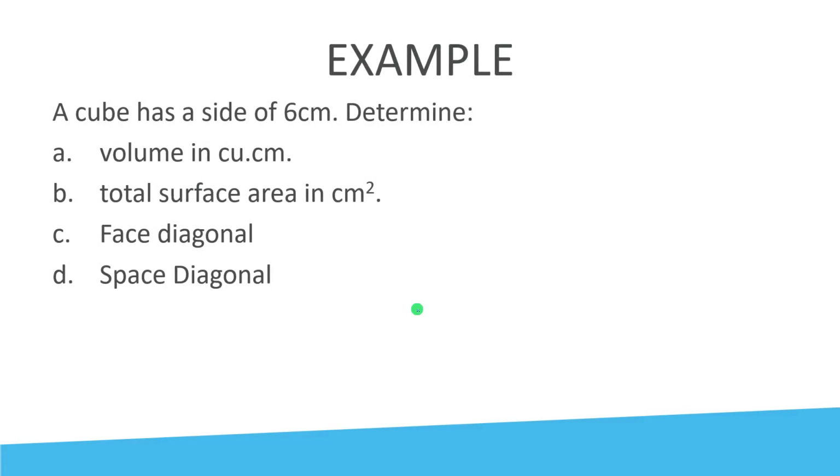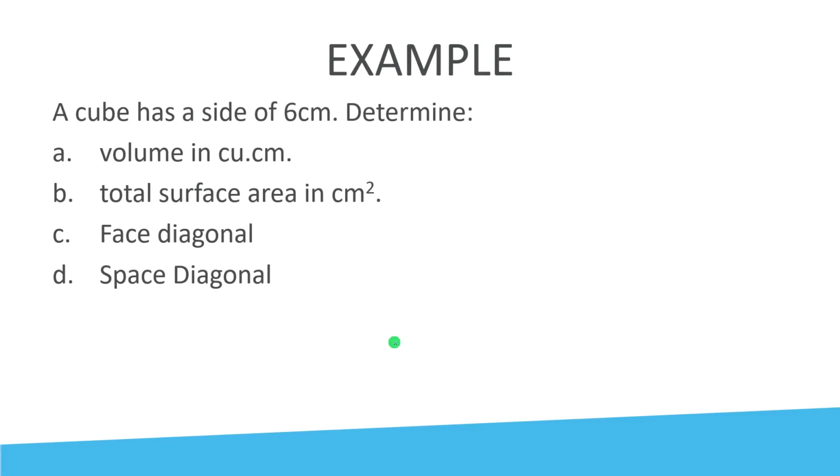So let's answer some problems. A cube has a side of 6 centimeters. Determine the volume in cubic centimeters, total surface area, face diagonal, and space diagonal. I think we need not draw this.